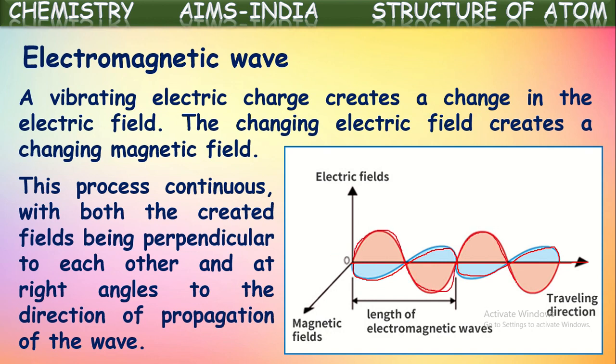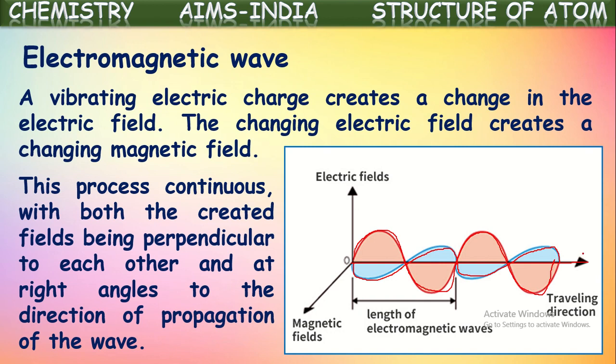So in this way, these two, magnetic field and electric field, are getting changes. These changes are being continued. And if you observe, this electric field and magnetic field are both perpendicular to each other. At the same time, these two are perpendicular to the direction of the propagation of the wave.